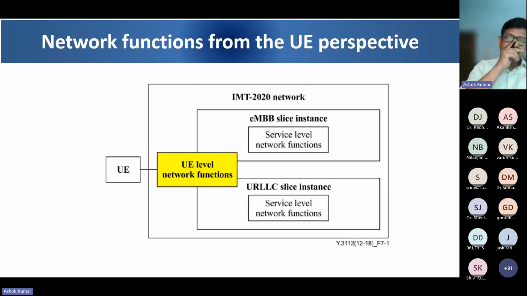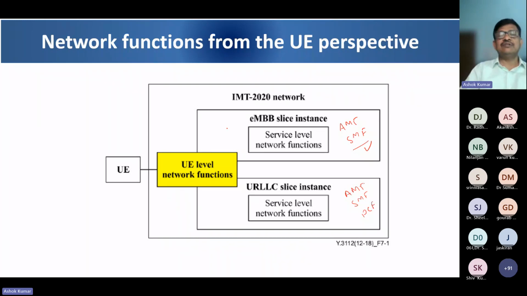Now they are talking about how there can be network functions specific to a slice. For example, if I have an eMBB slice, then there will be certain network functions like AMF and SMF inside the network slice. Similarly, for the second slice, URLLC, you have a separate AMF, SMF, and PCF. It's just an example.